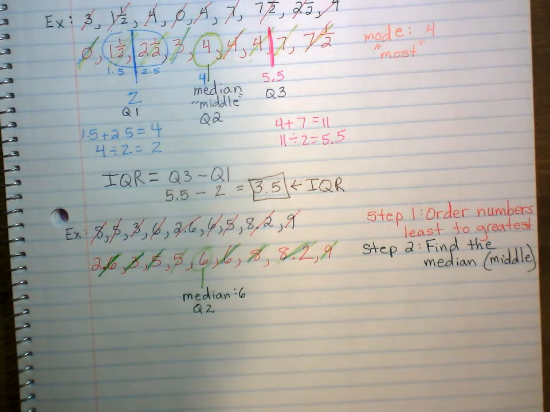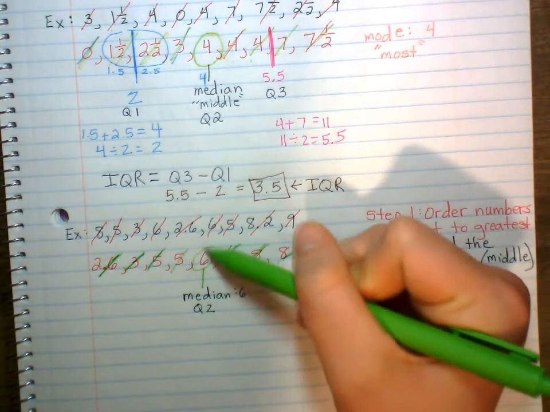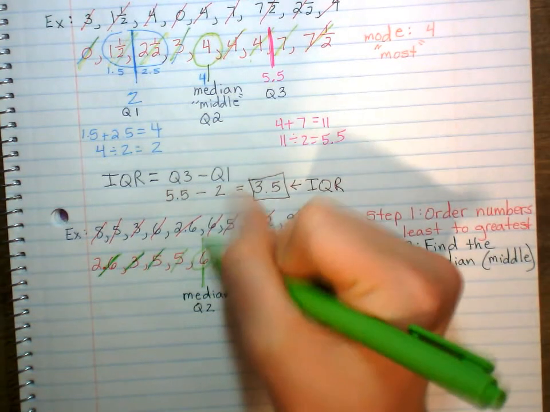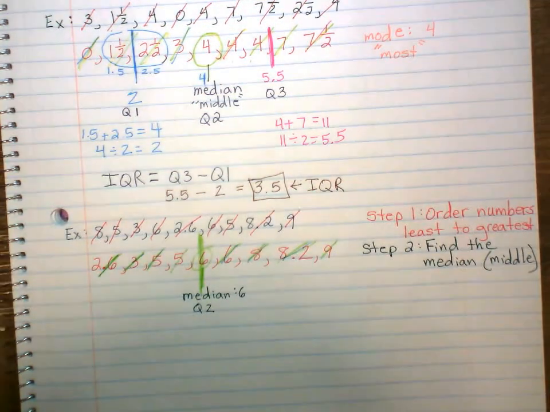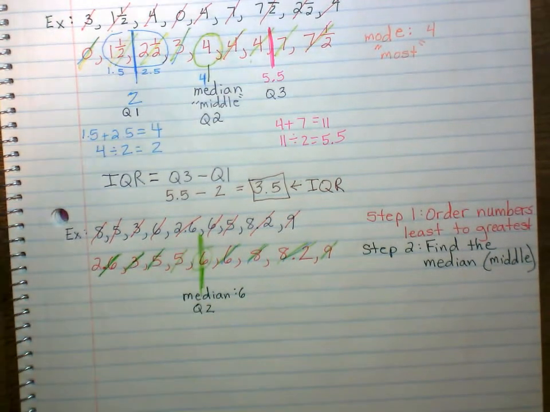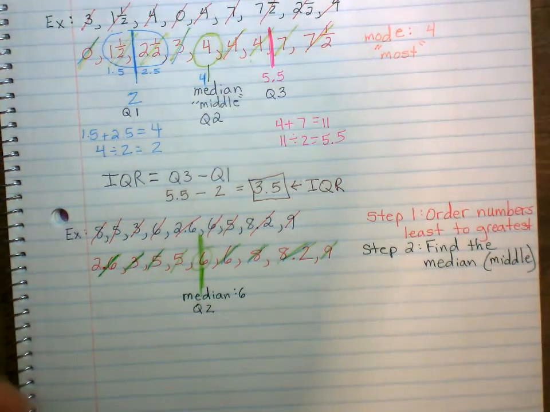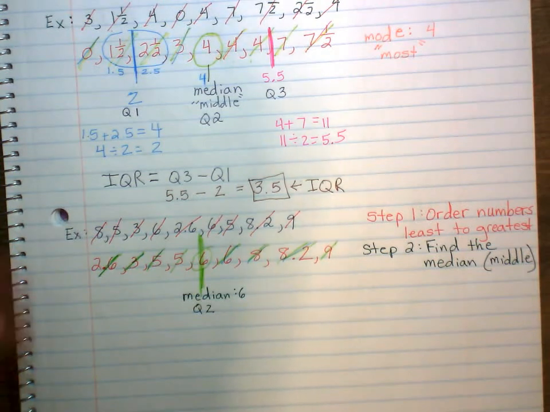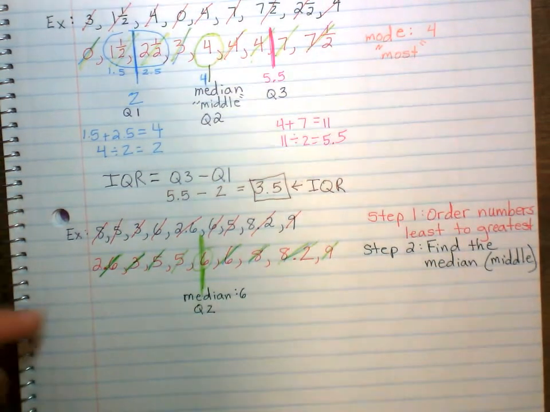We need to break it into 4 equal parts. Well, the easiest way to do that is first you break it in half, which we just did at the median, and then you basically find the middle number of both halves. You're finding the median of the medians. So step 3 is basically find the middle number of both halves.